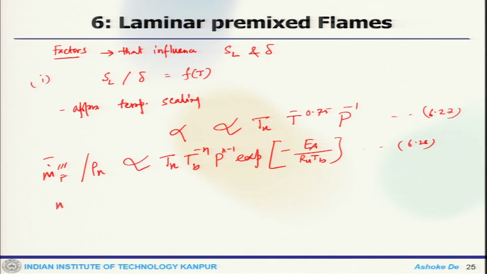Here n is the overall reaction order and T bar is 0.5 of T B plus T U. So, that is what one can get.